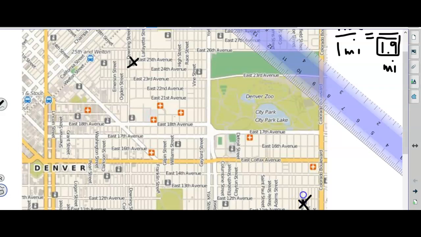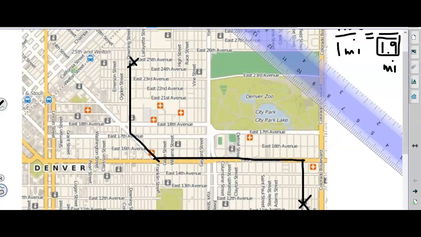This street straight up to Colfax. Then I took Colfax all the way down to this diagonal street, which doesn't have a name on it. So we'll just say this diagonal street up to Downing, and then straight up Downing to work.